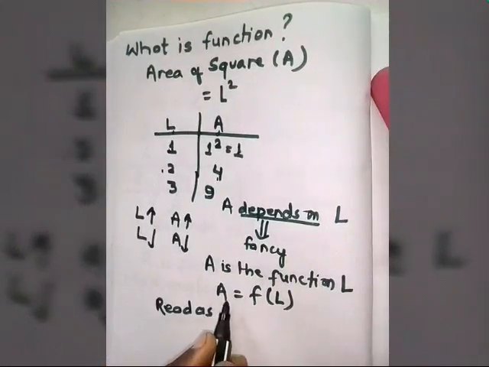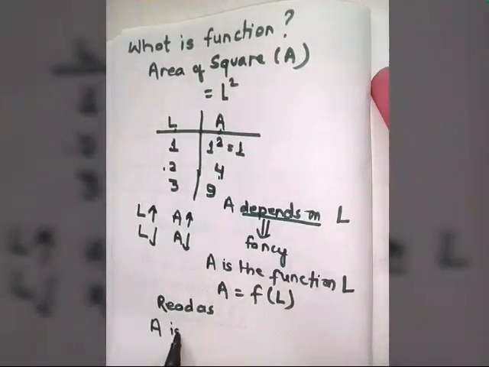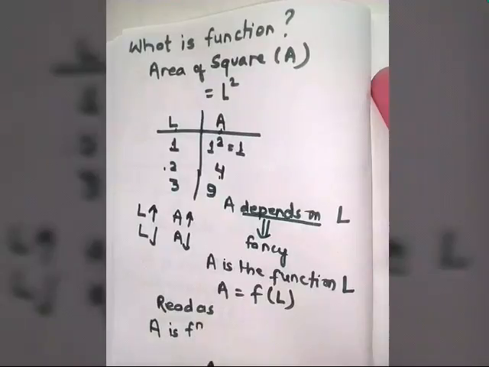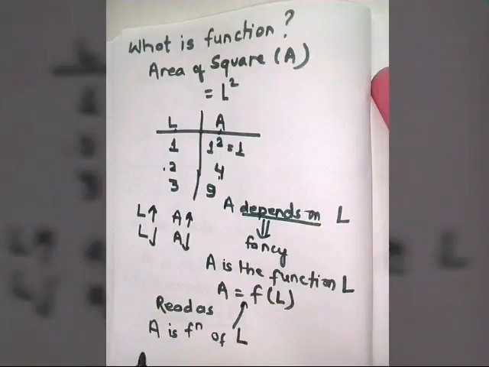Now this is read as A is function of L. For function I'll denote it with fn to save time. So we read this as A is function of L.